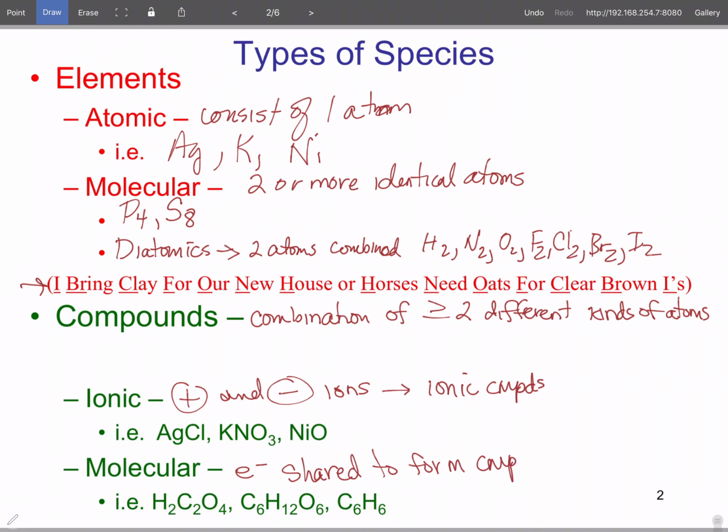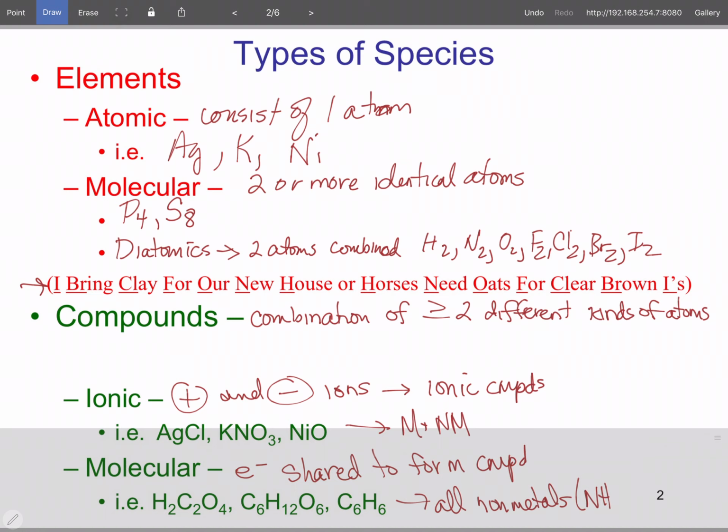And remember when we did this, these usually involve a metal plus a non-metal, whereas these are all non-metals. Okay, metals are M, non-metals are NM.